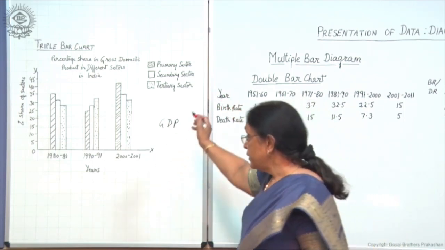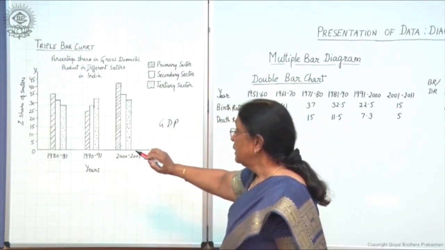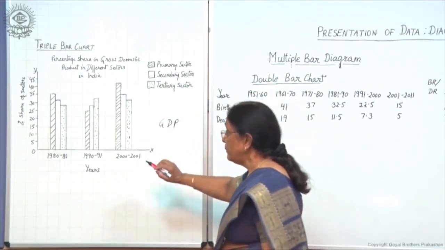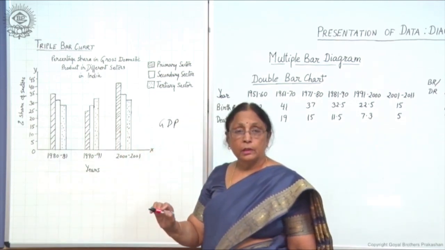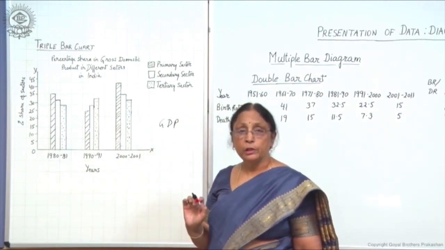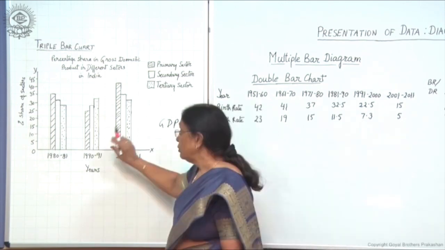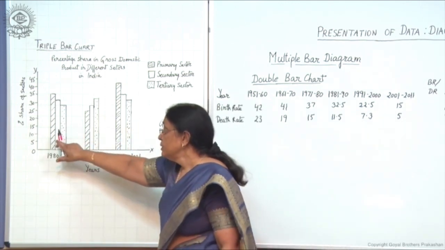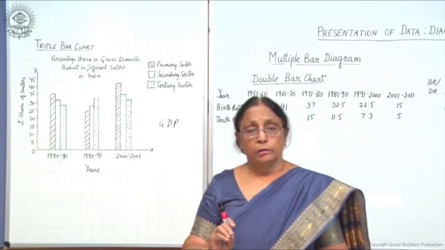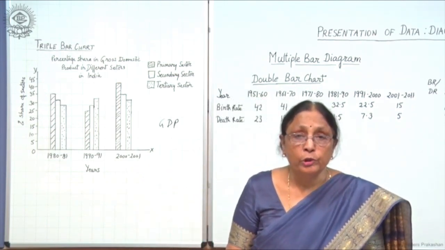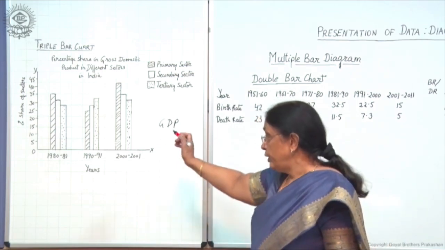So the 3 sectors' contribution is given in different years, and again you have to keep in mind that the width of all the bars is the same, only the length varies according to the given data, and the sets of bars will have the same gap, right. Maintain the features I told you earlier, the same thing you have to follow here.